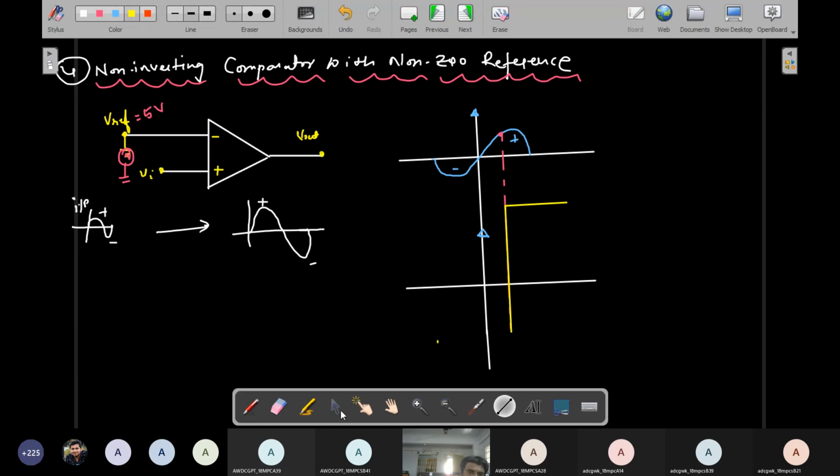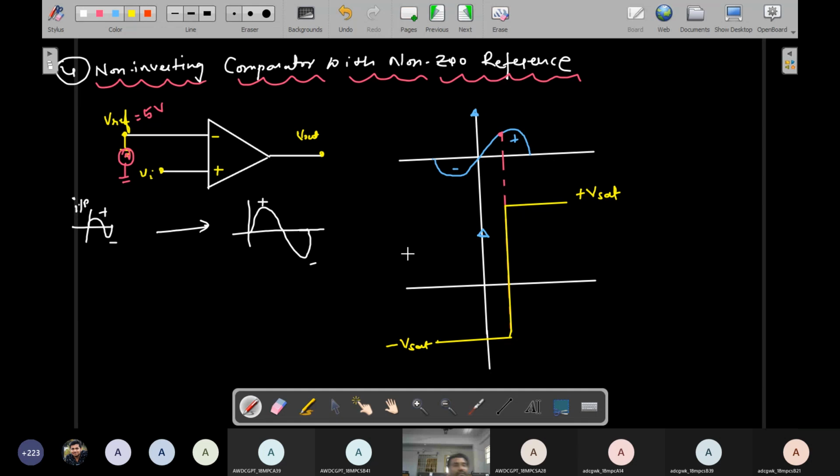The positive peak side represents positive saturation only, and the negative peak side represents negative saturation. Understand?